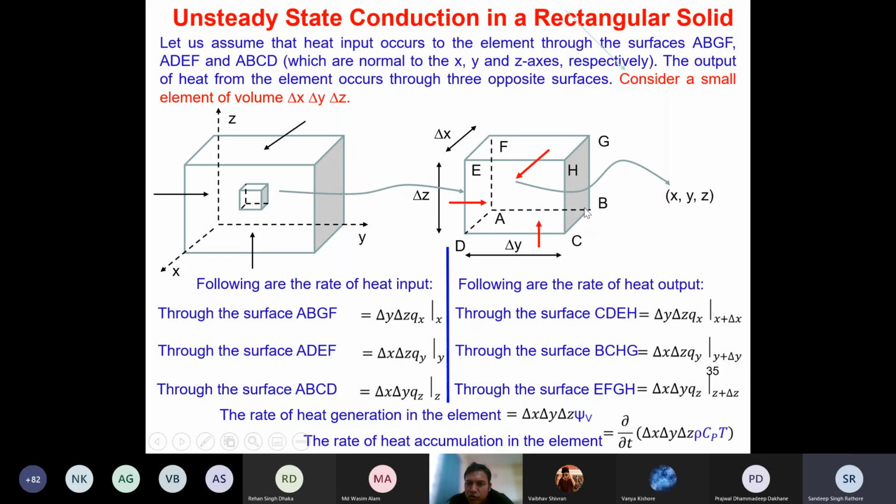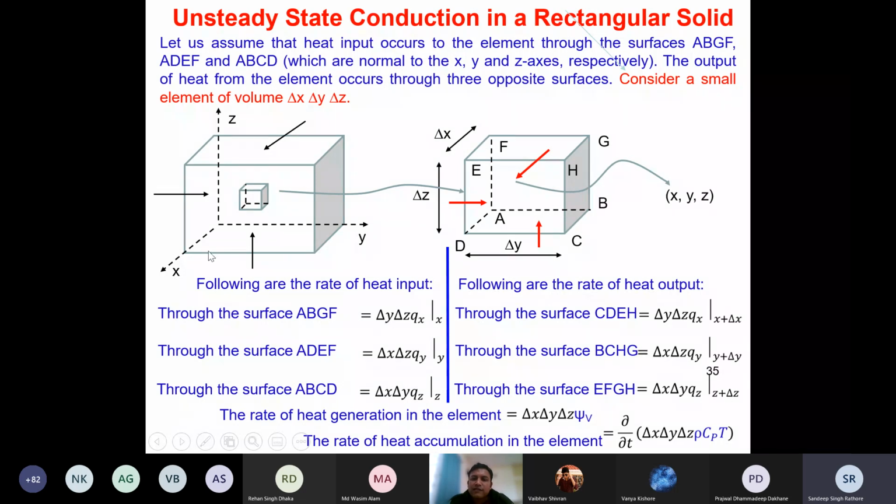Because this width is going to be delta Y. Remember, this is delta Y. So the new location will be Y plus delta Y. Similarly, the heat output from EFGH, which is the top surface here, is going to be delta X delta Y, this cross-sectional area, multiplied by the heat flux coming out from this surface, which will be QZ at Z plus delta Z.